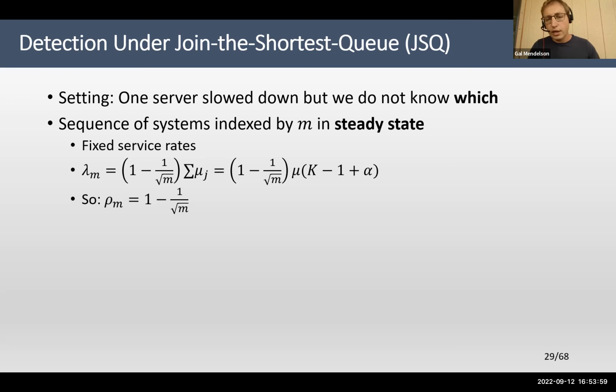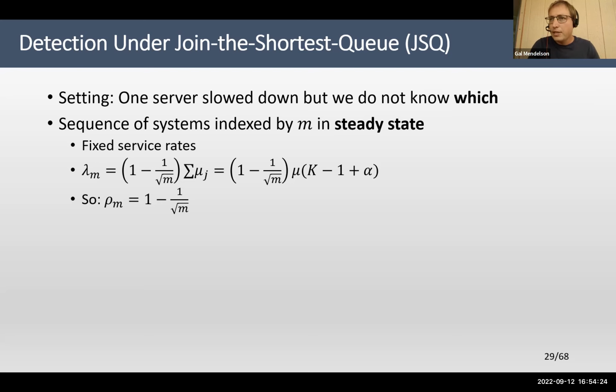And we are going to analyze this in moderate to heavy traffic. We have two reasons for this. First, when is it most important to detect the service rate slowdown? It's when the system is more loaded, because you need that capacity to serve that system.